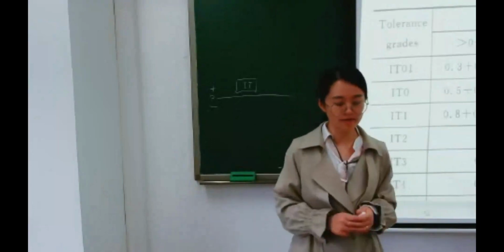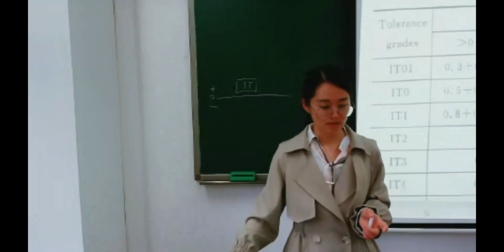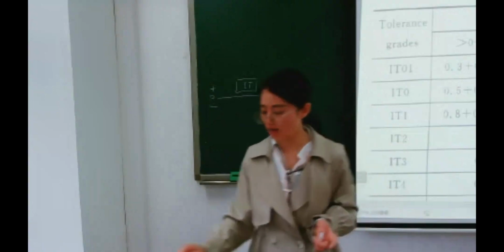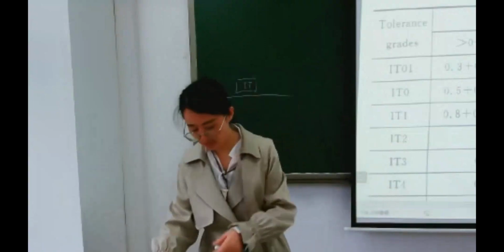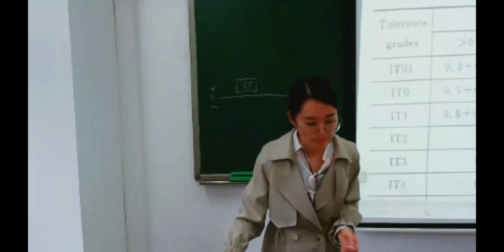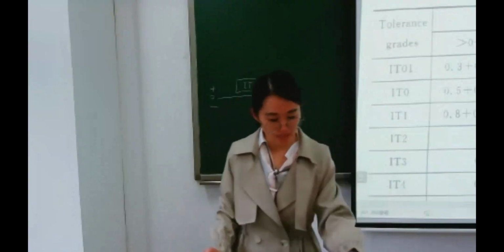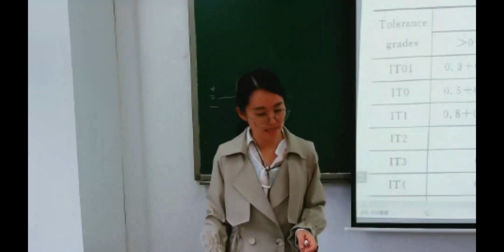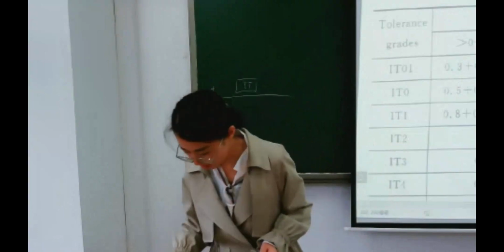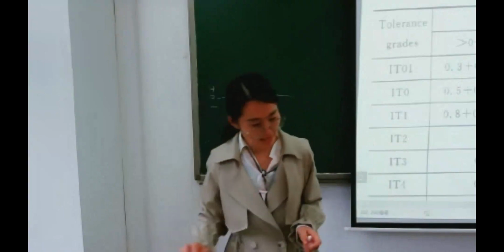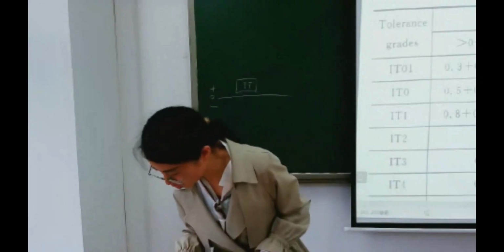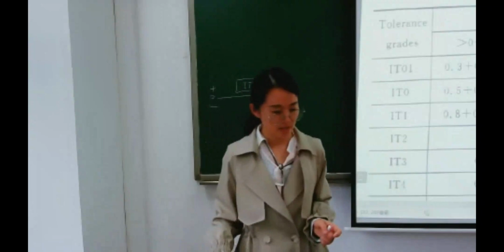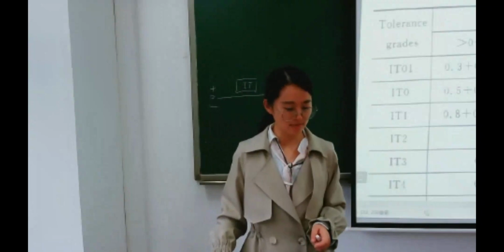How to calculate that? For example, for the IT01, table 2.3, page 26. If the diagram is this, D is the basic size, right? So for example, the basic size is 6.